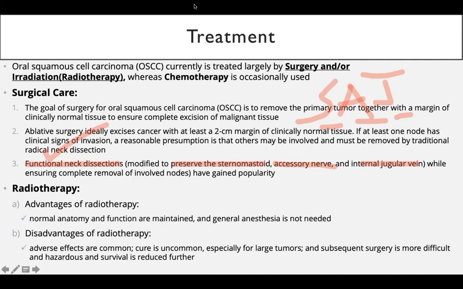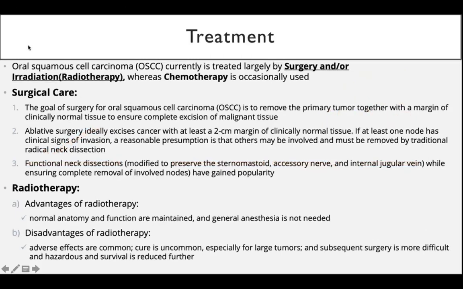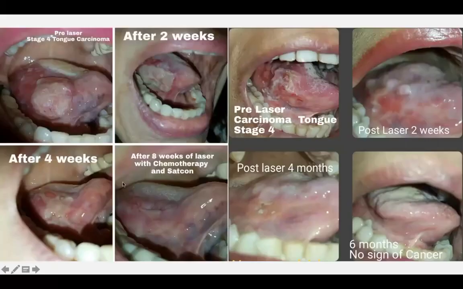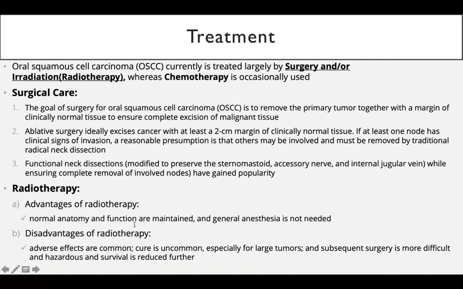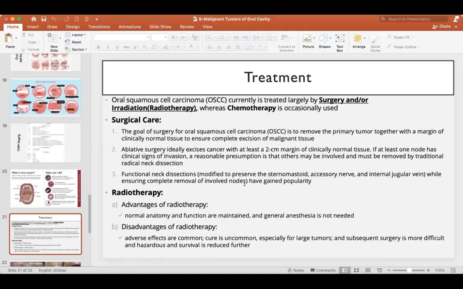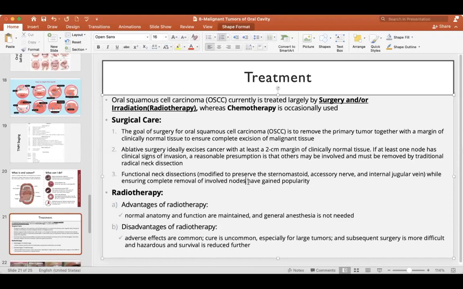So in this functional neck dissection, you preserve three structures. What are those? Sternomastoid, accessory nerve, and internal jugular vein.